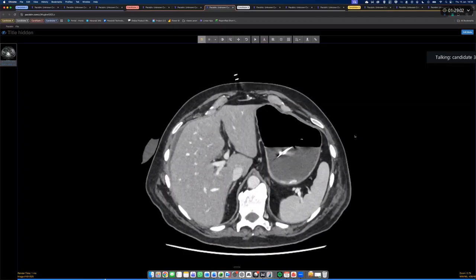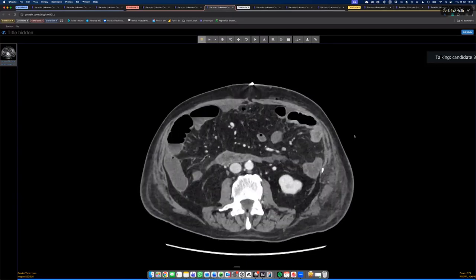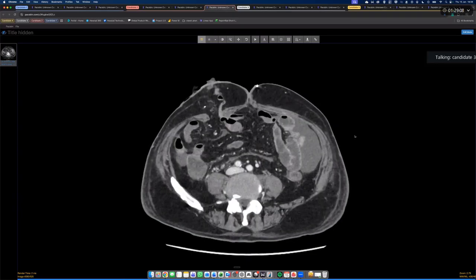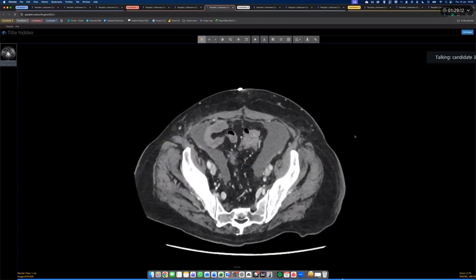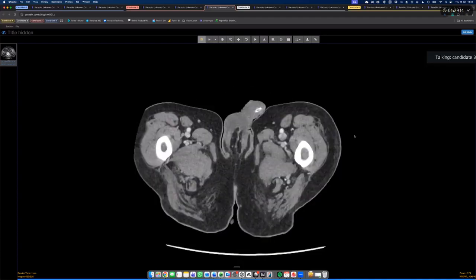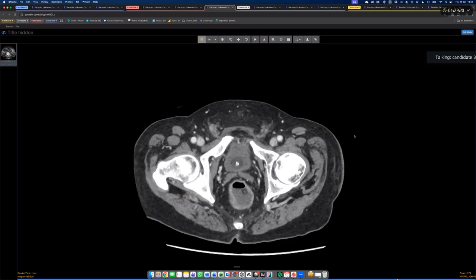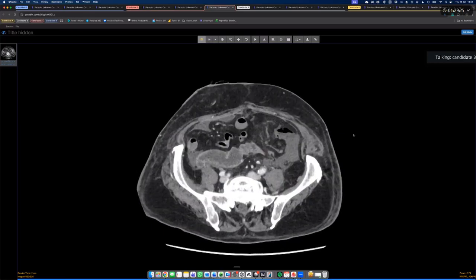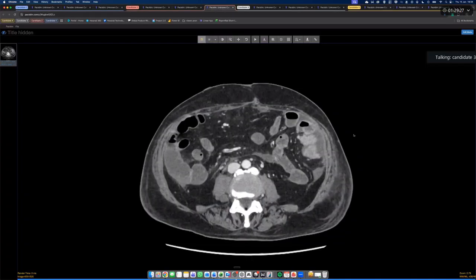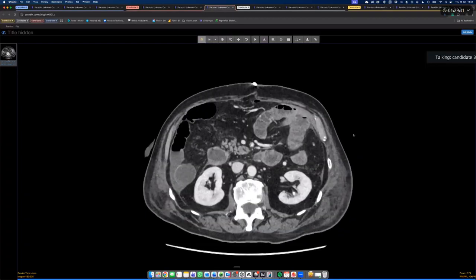I would first initially scroll to the last image before I start commenting. So this patient has had a laparotomy. I can see that there was evidence of extraluminal intraperitoneal air just anterior to the liver, which was likely post-operative air, given the history of laparotomy.